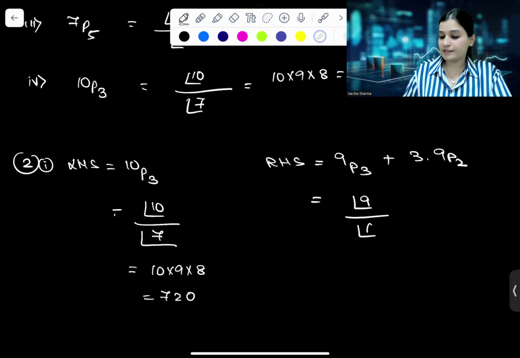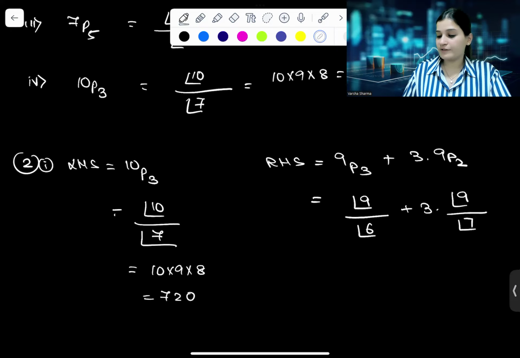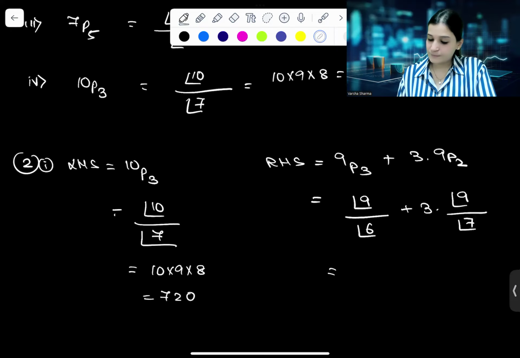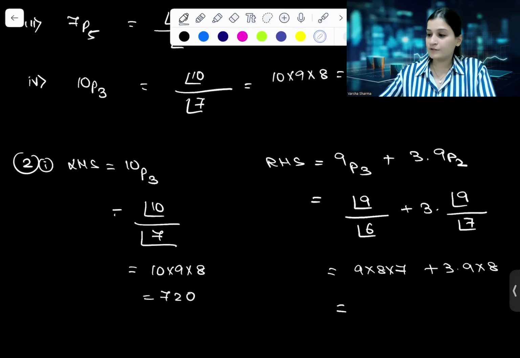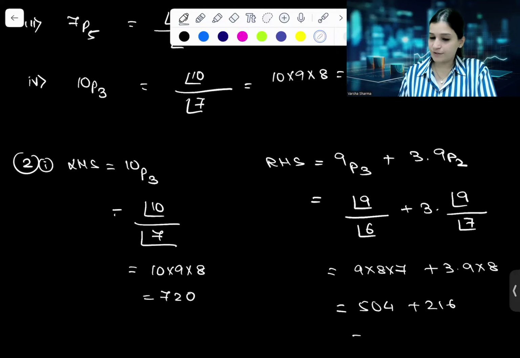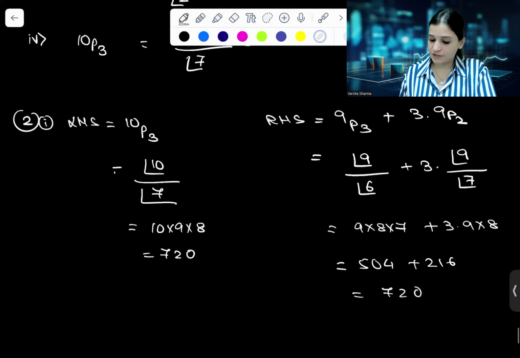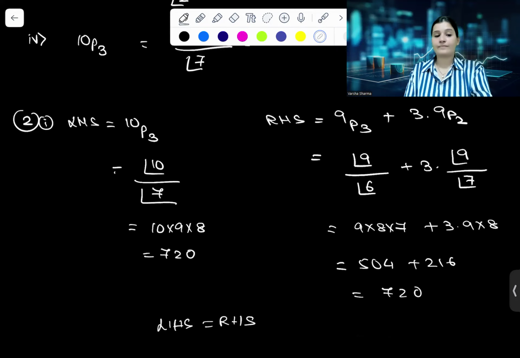Factorial 9 upon factorial 9 minus 3, 6 factorial, plus factorial 9 upon factorial 9 minus 2, 7 factorial. 9, 8, 7, 6 factorial gets cancelled. 9, 8, 7 factorial gets cancelled. 504, that is 720. That is same as LHS. LHS equal RHS. Done.